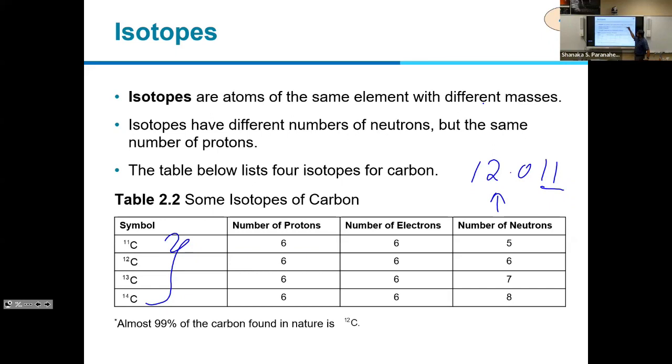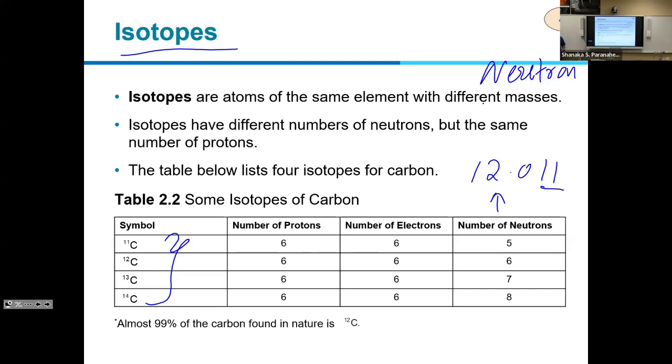So this is the definition of isotope. Isotopes are atoms of the same element with different mass or different mass number. Also, you can replace masses with neutrons. In an isotope, the subatomic particle that is different is the neutron.